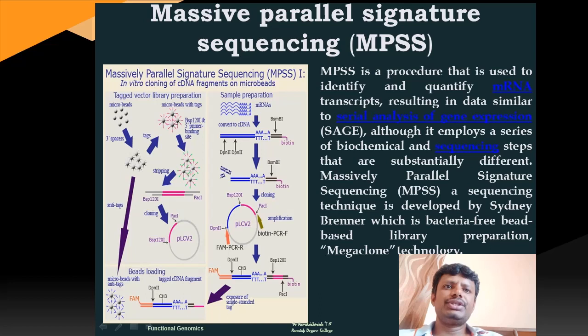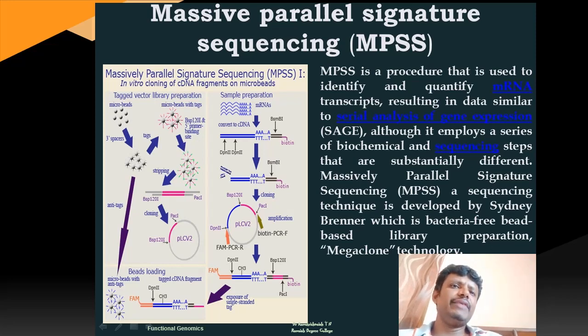In some cases, approximately 1 lakh sequence reads are obtained per experiment. So it's massive, which can be used to identify more mRNAs in less time.